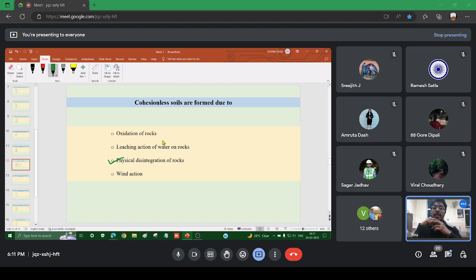The same goes for leaching action of water on rocks and wind action, which rarely have any effect on the formation of types of rocks. Compaction, consolidation, and other chemical processes decide the type of rock which can be formed. So it is physical disintegration of rocks which mainly forms cohesionless soils.